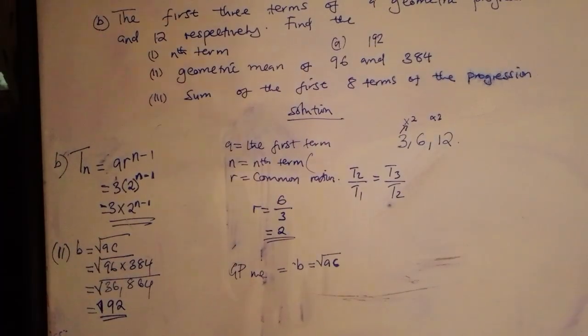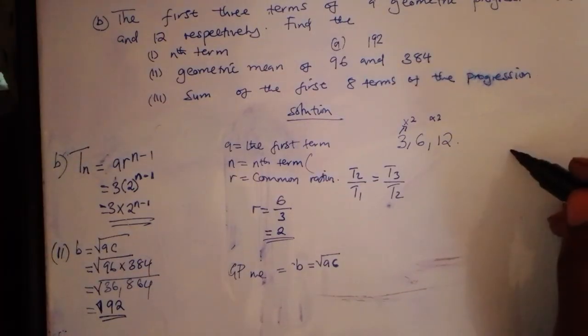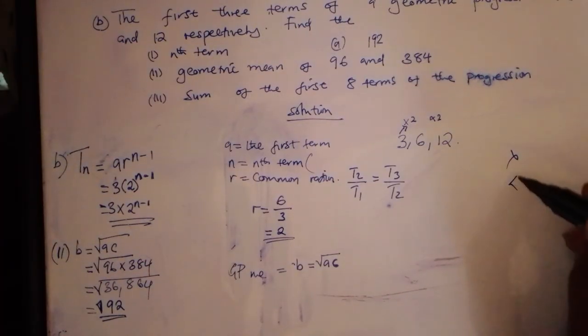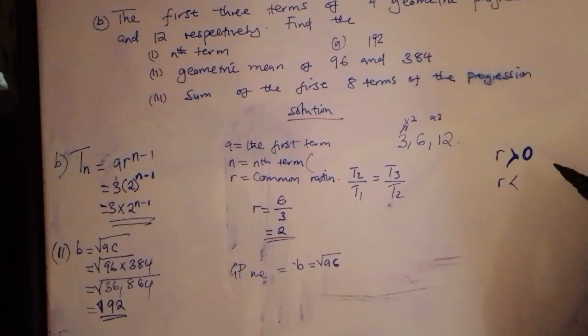So how do you identify which formula to use? The formulas have symbols which look like this. So we have r. So when r is greater than 0, we use what?